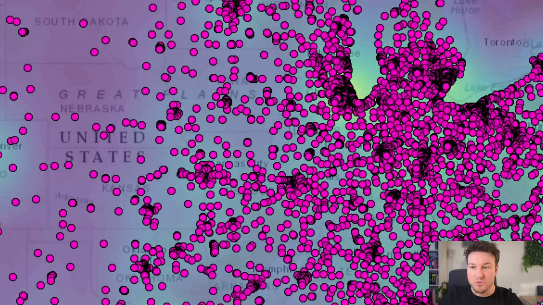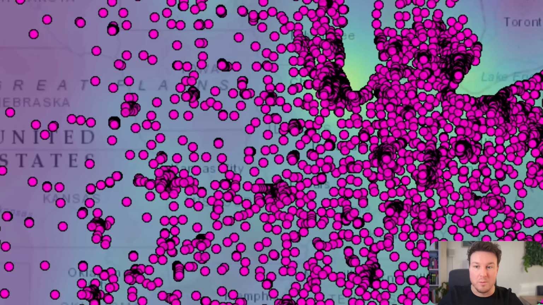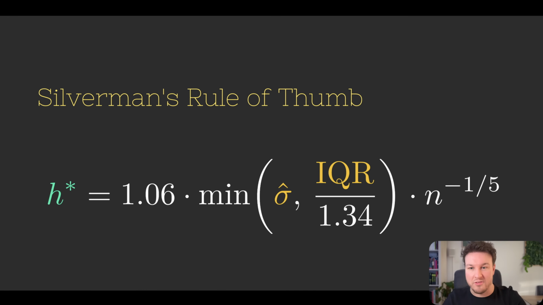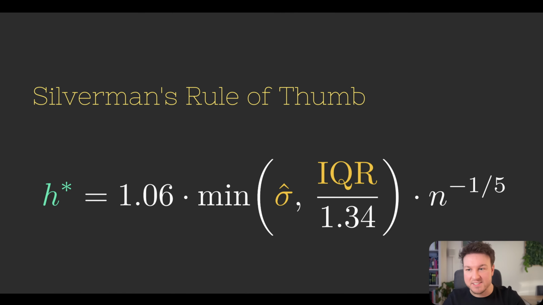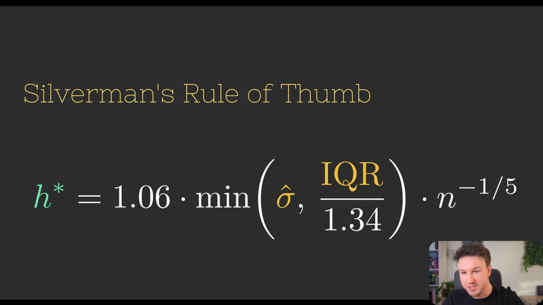And with this improvement, I can render continental-wide heat maps without any hardcore map freezes. I was also thinking, is there a way to find the best bandwidth for any given map viewport that we have? And yeah, there is, theoretically. There is Silverman's rule of thumb. It uses your data's standard deviation and sample size to pick a reasonable h.